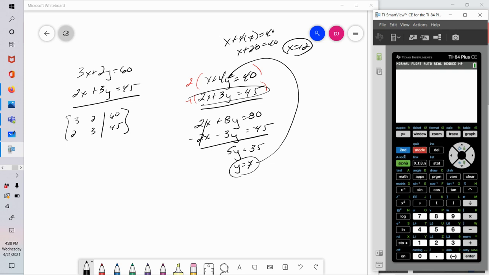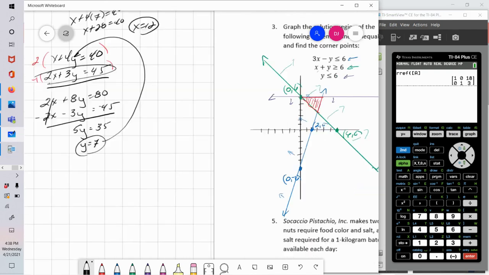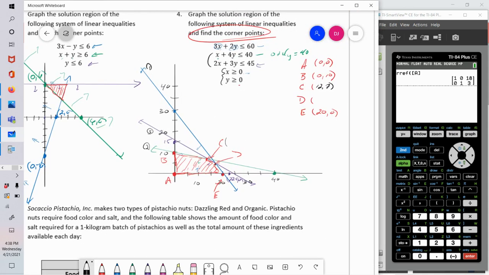Remember how to do this: matrix, math, number B, the reduced row echelon form on matrix A. And so we would get that x equals 18 and y equals 3. So this point right here, point D, is x equals 18 and y equals 3. And so those are the 5 corner points of this feasible region.